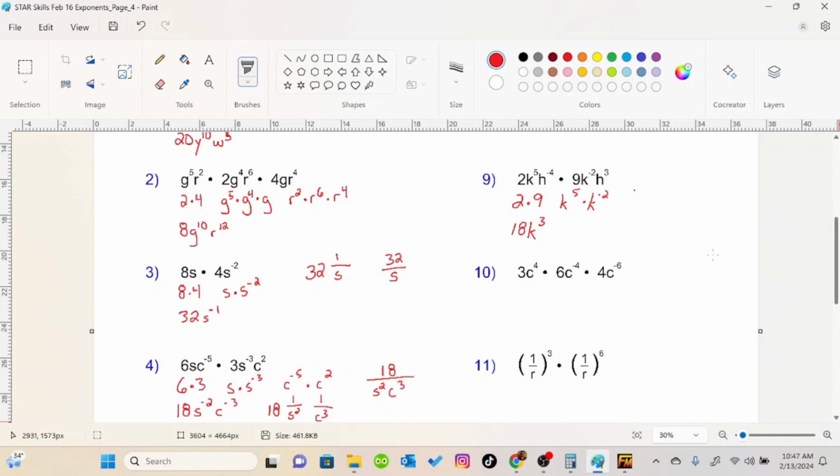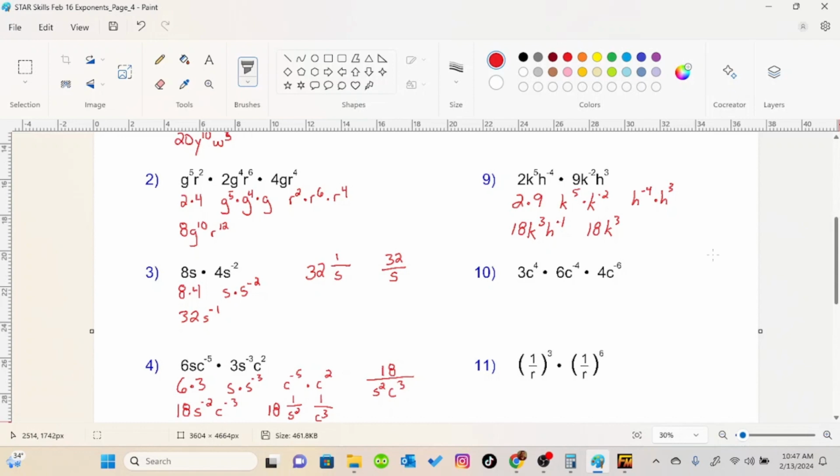And h to the negative 4th times h cubed. Negative 4 plus 3 equals negative 1. This means 18 k cubed.